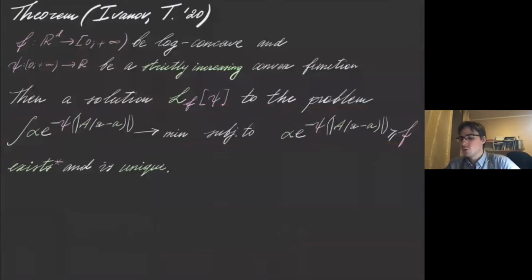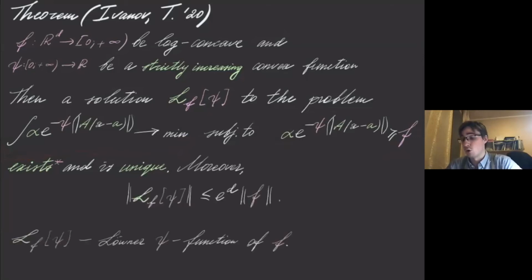So the solution to this problem exists if you can cover the function f with an affine position of this form. If there is at least one position that is pointwise at least f, then the solution to this problem exists and is unique.